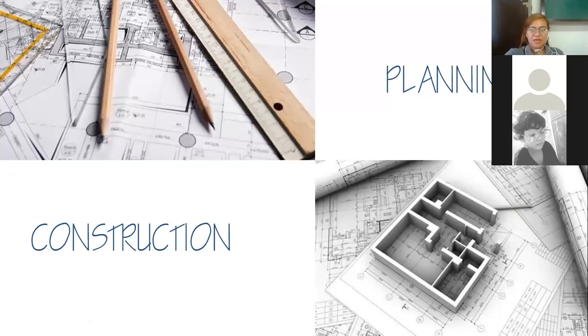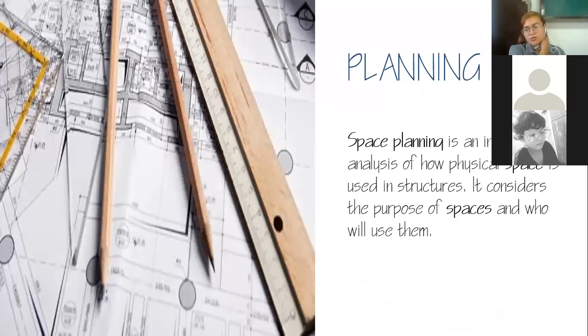As what I have discussed, architecture involves both planning and construction. So architecture is present in planning, and architecture is also present in construction. Have I discussed this last time?